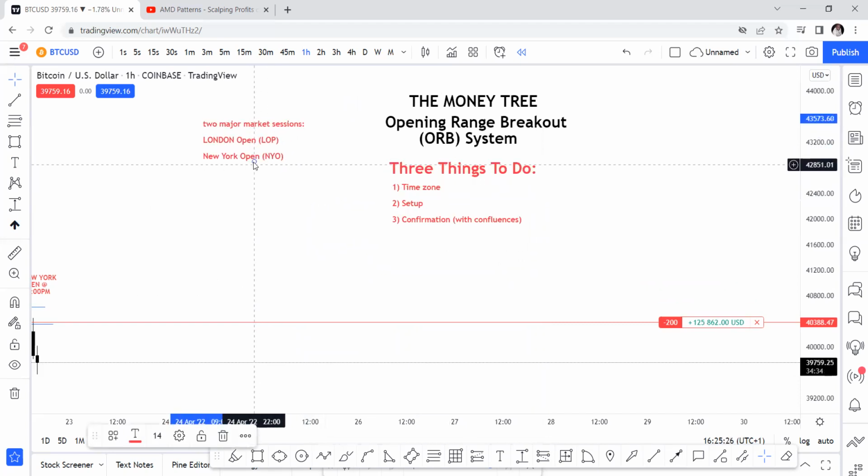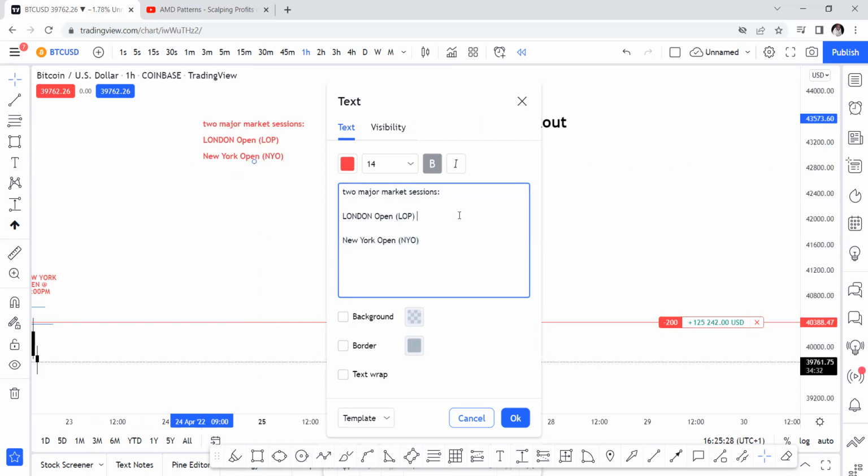The time zone you need is between, that's for UTC +1 or TradingView.